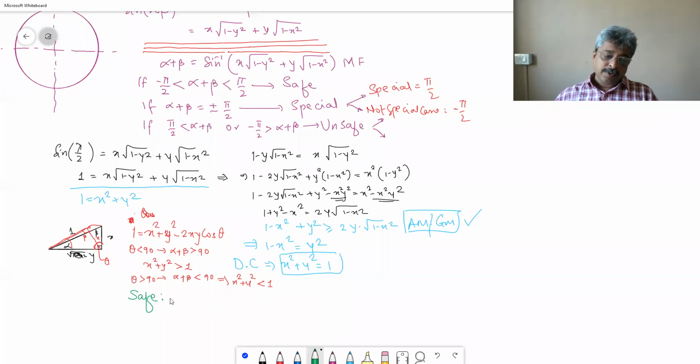Excuse me, sir. In the second triangle, how can we say that sine alpha is x? You are keeping them the same? No, sir, sine alpha is equal to x and sine beta is equal to y. Where have I done that?